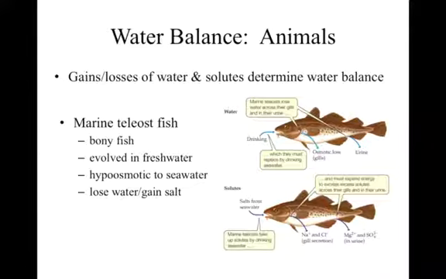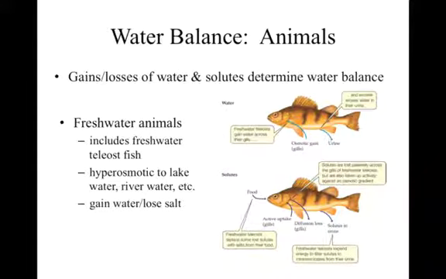And again, if they're hypoosmotic relative to the seawater, the seawater is hyperosmotic relative to them. With the freshwater animals, they are hyperosmotic to their environment, or the fresh water is hypoosmotic relative to them. And they're hyperosmotic because freshwater just has too little salt. Any organism needs to have a little bit more salt than freshwater. It's just not salty enough for life to function.